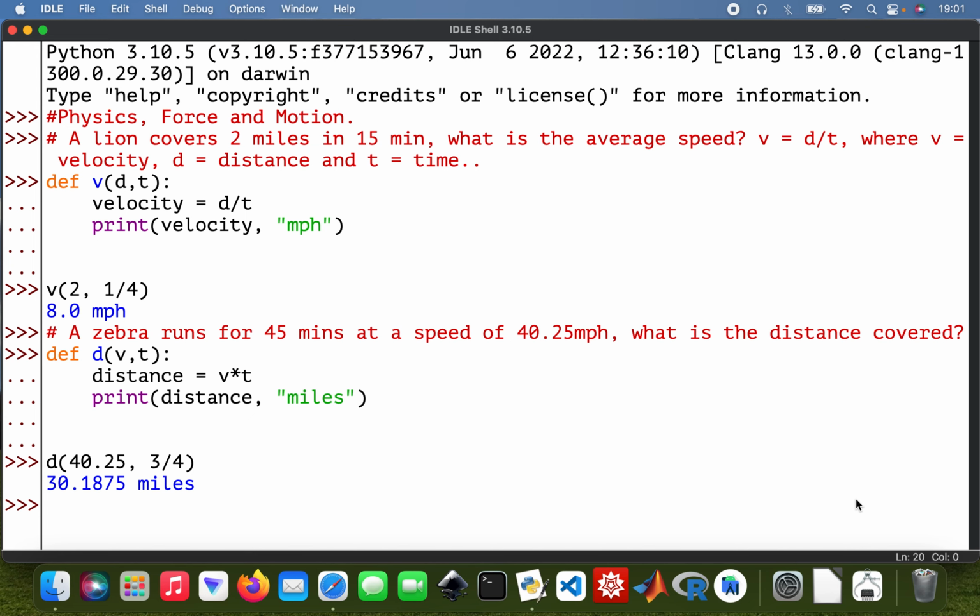Okay, so we're going to look at acceleration. Right, so acceleration.